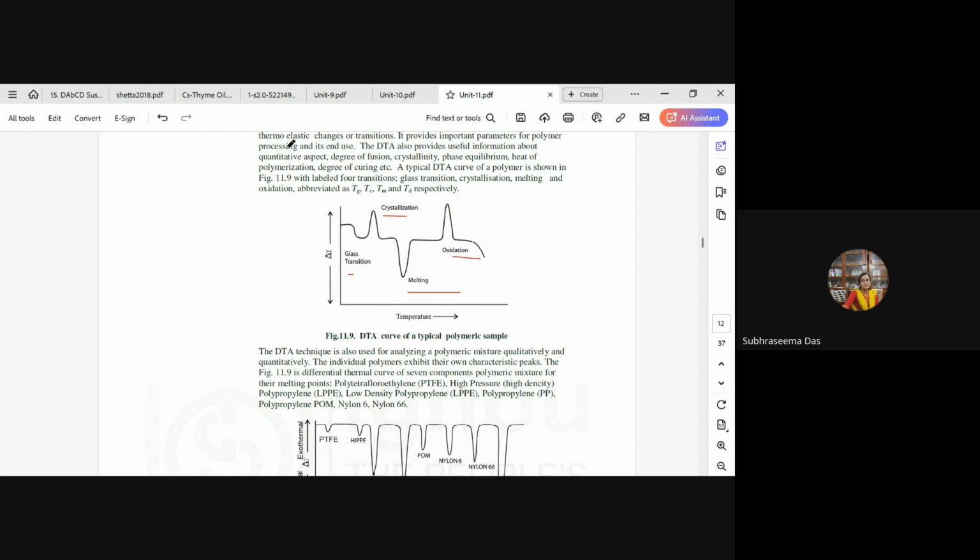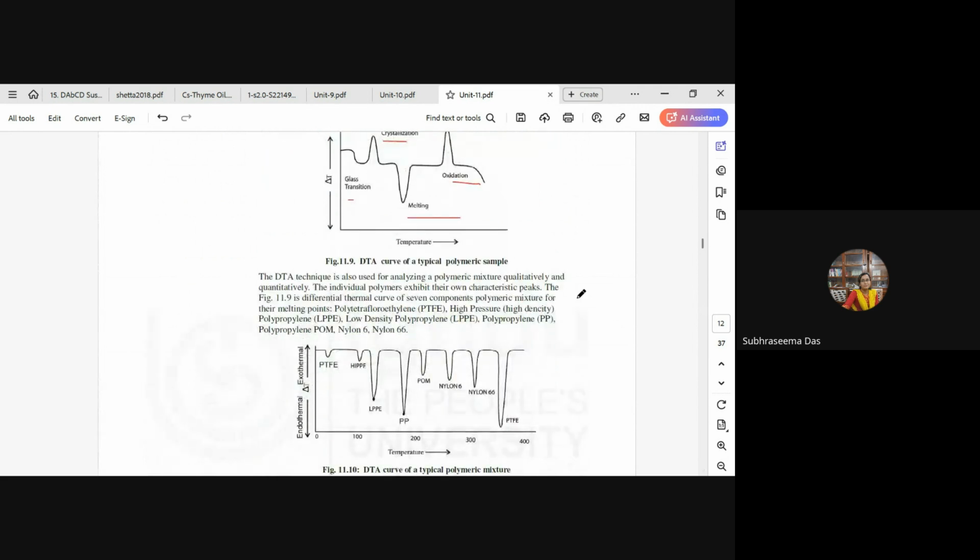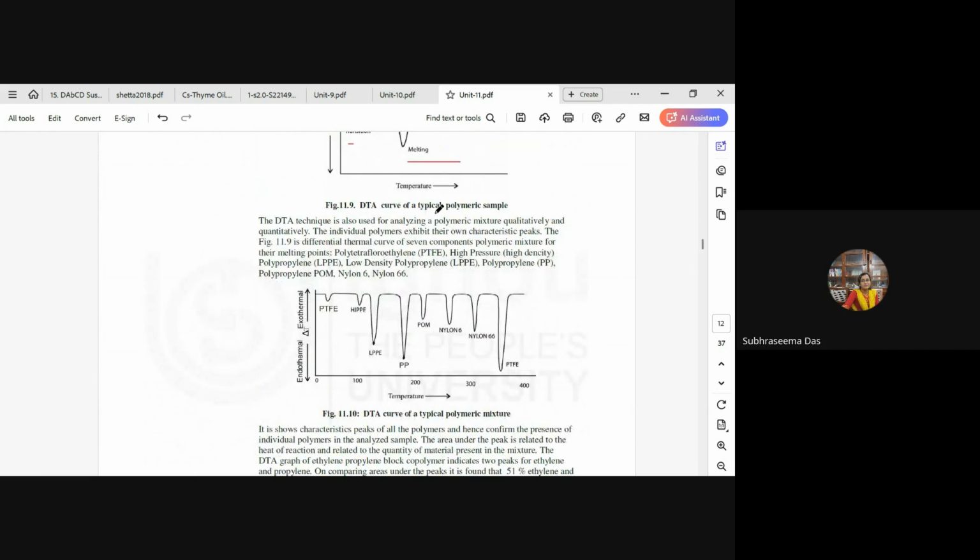So four different stages can be identified from a TGA DTA curve of a polymer. The DTA technique has also been used for analyzing a polymeric mixture both quantitatively and qualitatively. We know that the TGA curve can show us the stability of polymers.